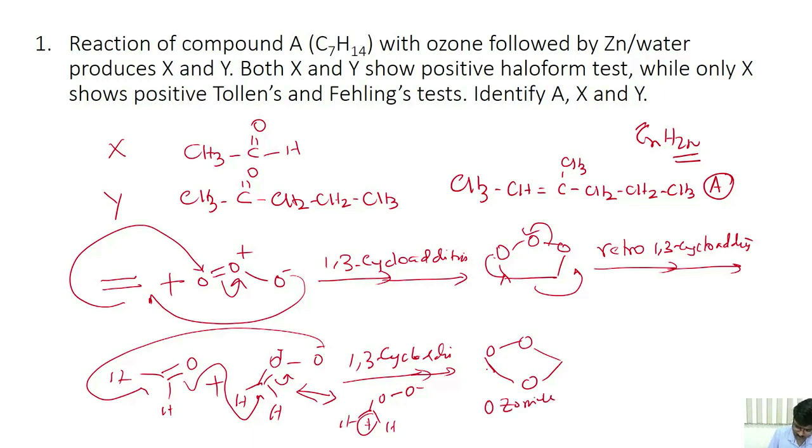Once you form this one, depending upon the reaction conditions, you can convert it into a carbonyl compound. In this reaction, when you use zinc in water, it can reduce the ozonide into aldehyde in this case.